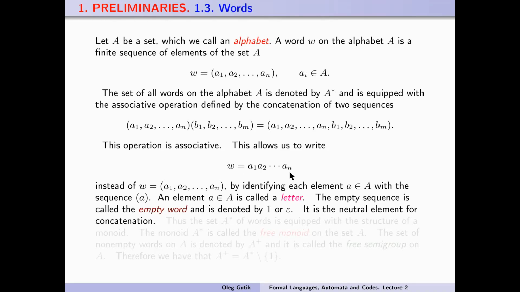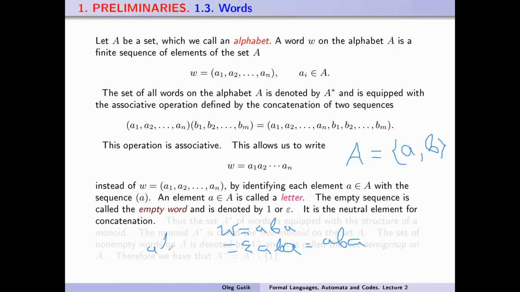Is it true that this shows, if we have the word of the form, for example, we have an alphabet A and B? And so we can consider the word ABA. If we write on the left the empty word, ABA is equal to ABA. And if you write on the right, ABA is equal to ABA.